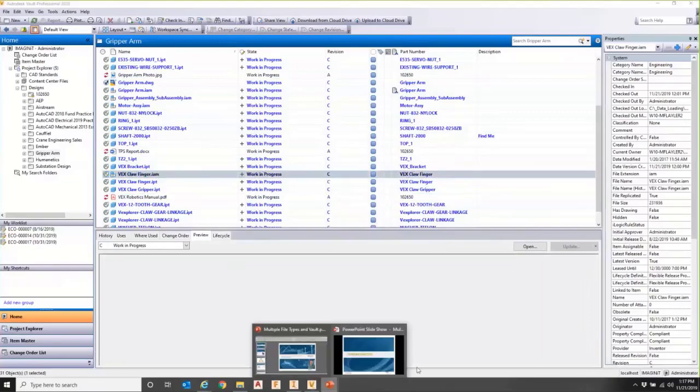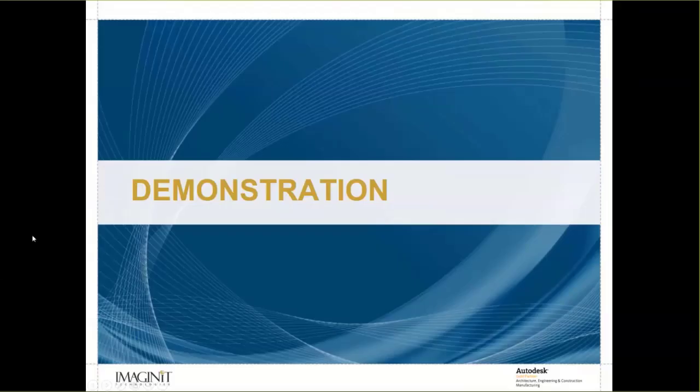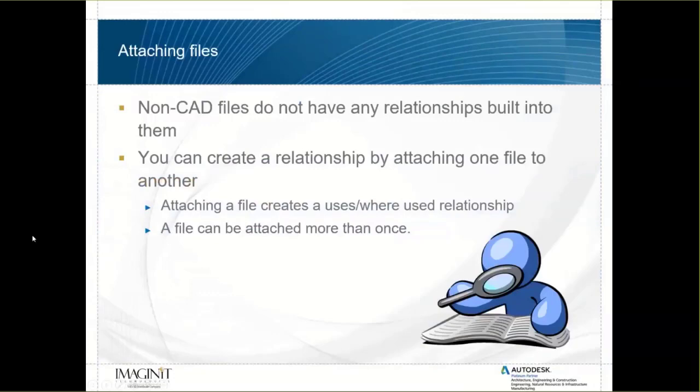Okay, let's jump back over to our PowerPoint here. So the next thing I want to talk about is attaching files. Now, once we add a file to the Vault system, like that PDF or that image document or my TPS cover sheet, how do I attach that to, let's say, my Inventor assembly file? Or maybe how do I attach the PDF to an Excel quote?